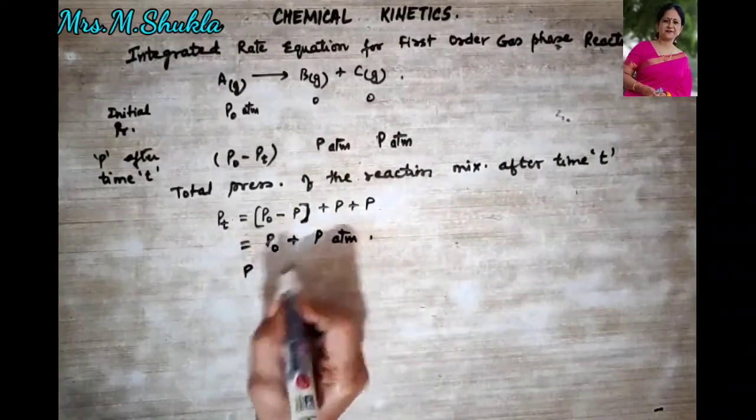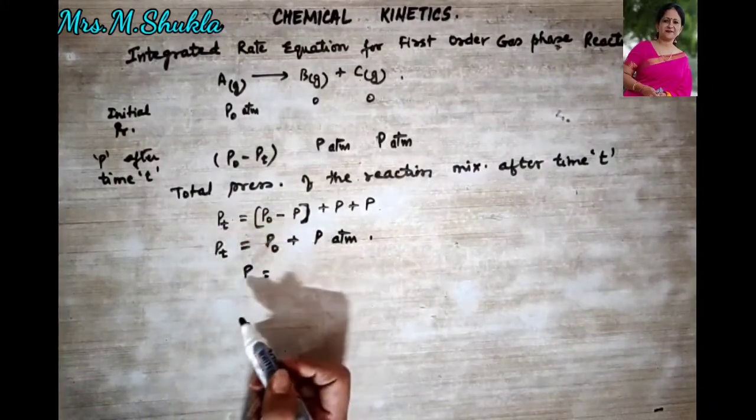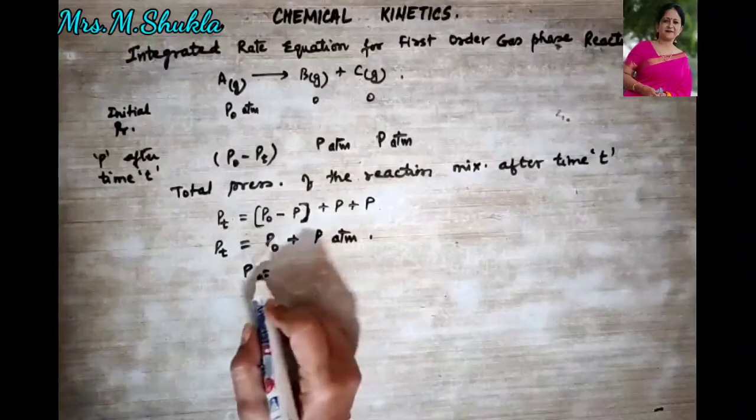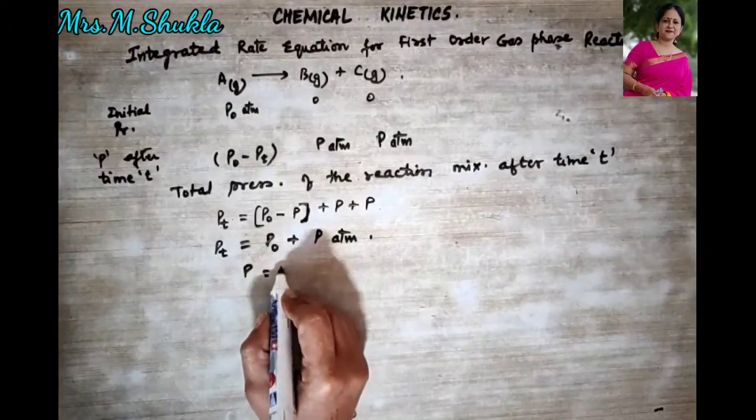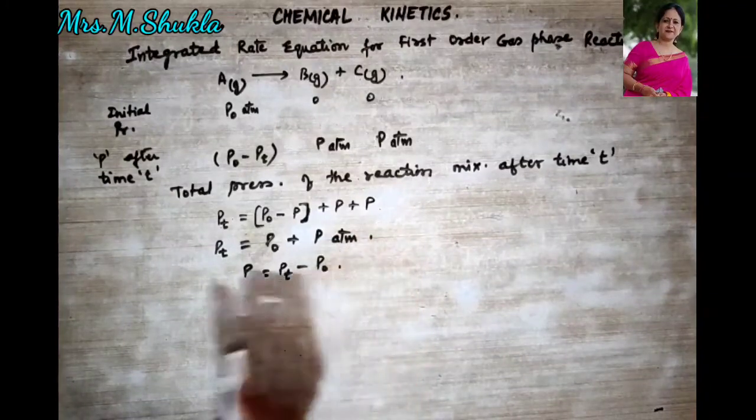So your P will be equal to PT, the pressure of the mixture after time T, minus the initial pressure. This P will be equal to PT minus the initial pressure.